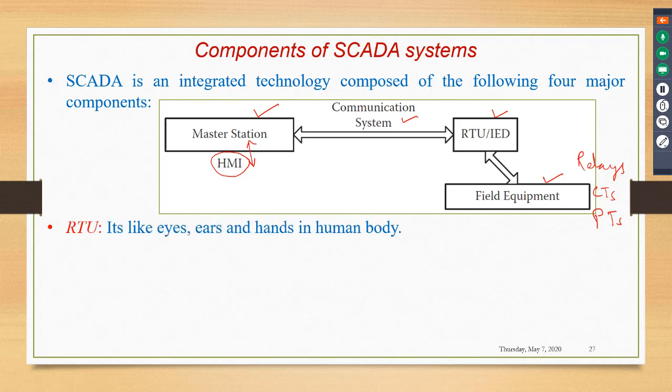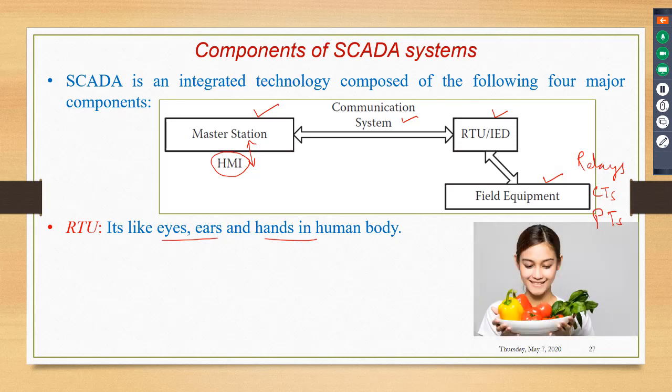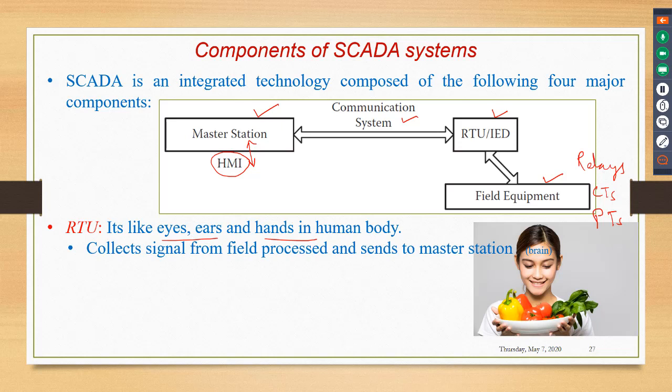So the first part is RTU. RTU is like the eyes and the ears of the system, and also it has hands, like in the human body. You can see the human body picture here, right? It collects signals from the field, processes them, and sends them to the master station. Like in the human body, the sensors are eyes and ears. As soon as we get the sensing signal, it goes to the brain.